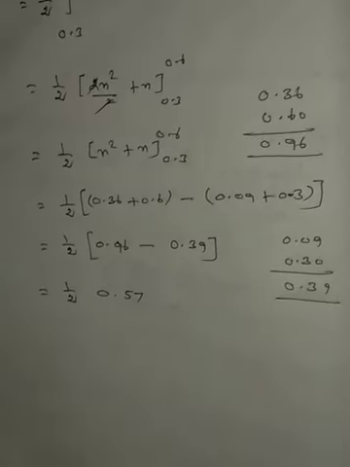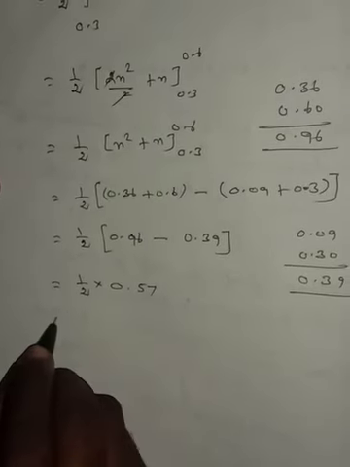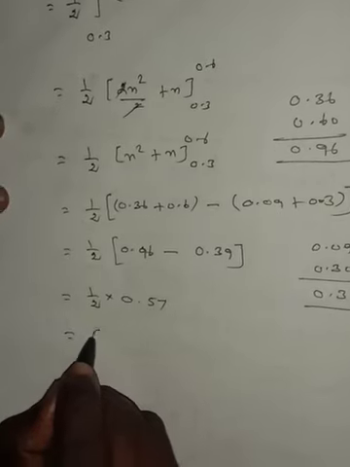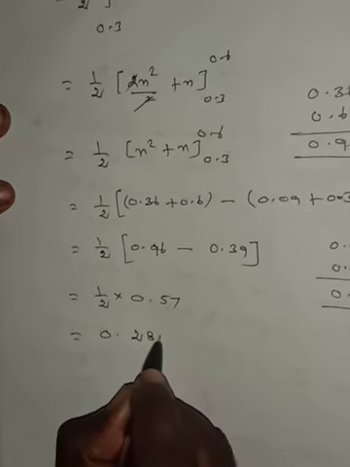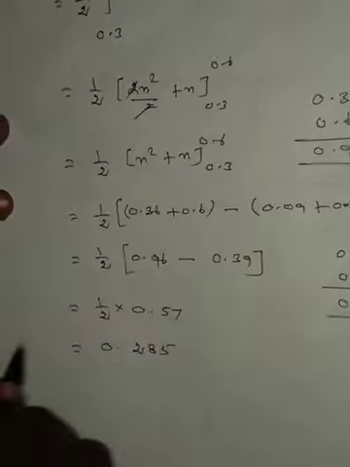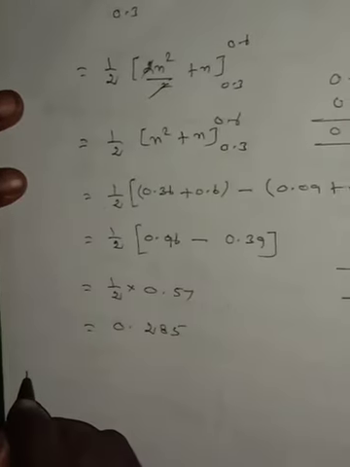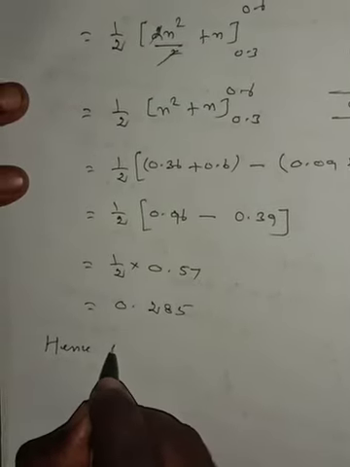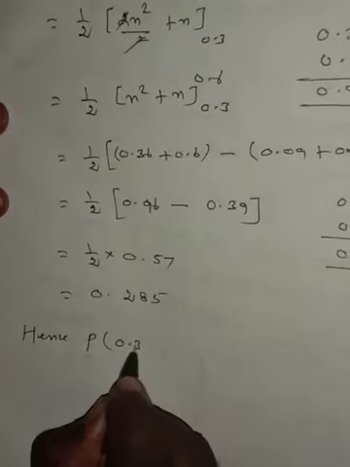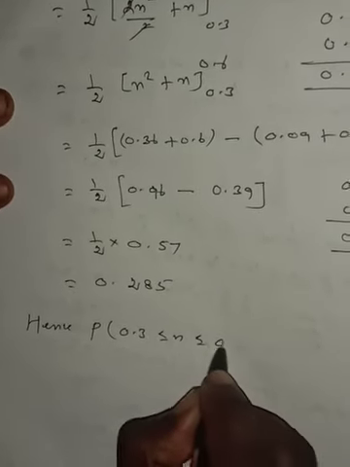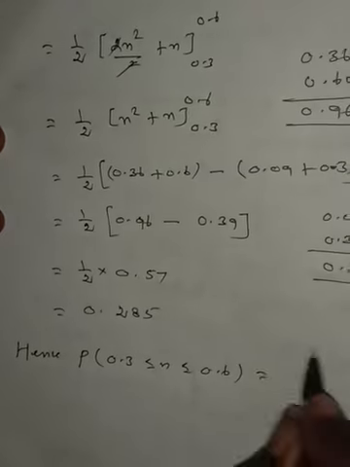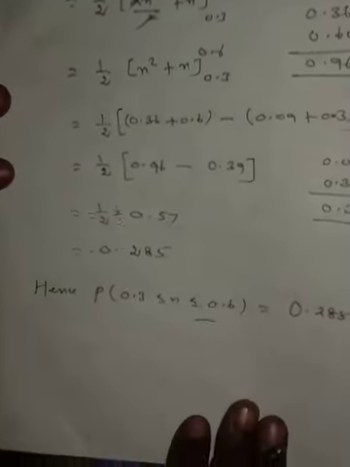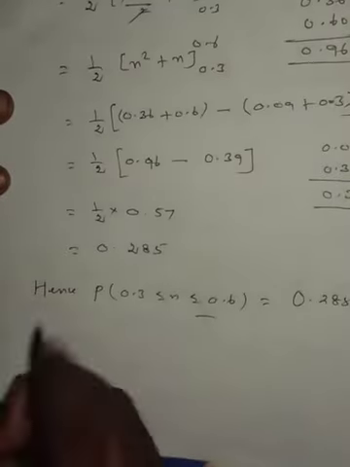Hence, dividing by 2 we have 0.285. Hence probability of 0.3 less than or equal to x less than or equal to 0.6 is equal to 0.285.